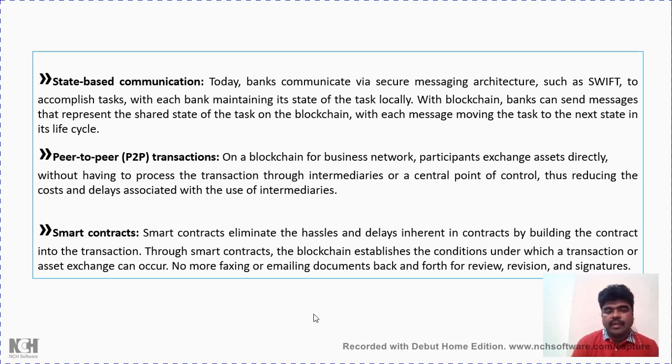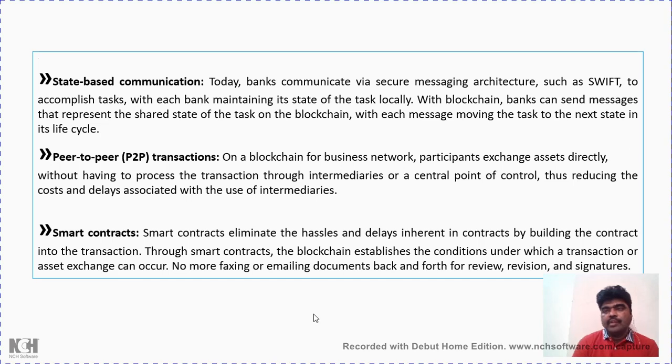And smart contracts eliminate the hassles and delays inherent in contracts by building the contract into the transaction. Through smart contracts, the blockchain establishes the conditions under which a transaction or asset exchange can occur. So no more faxing or emailing documents back and forth for review, revision, and signatures.